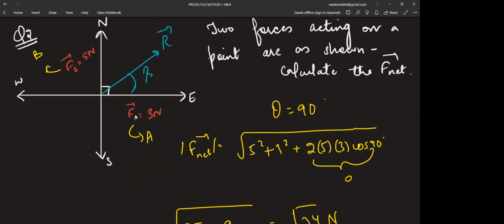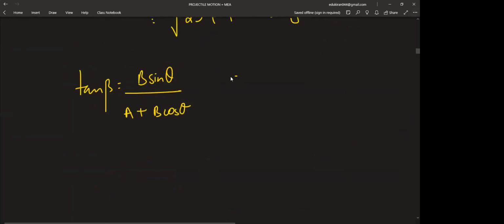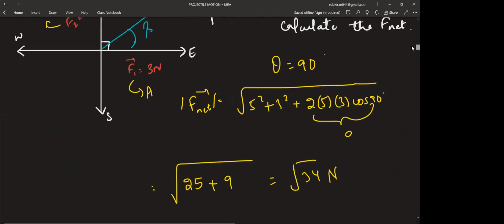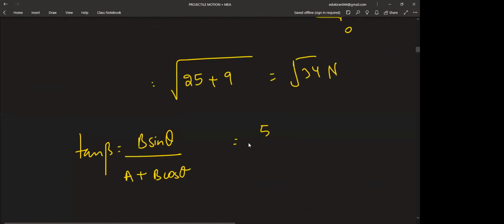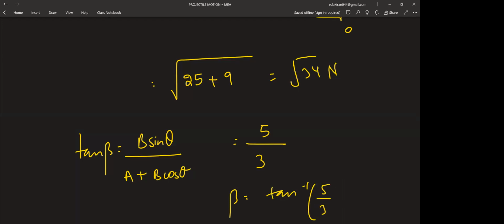Whichever vector is making angle beta, that becomes a. So b sine theta, sine 90 degrees is 1. So b, what is the value of b? It's 5. a is 3. b cos theta would be 0 because it is 90 degree. So beta would be tan inverse 5 by 3, right. So Shaima's answers, both the values are correct.